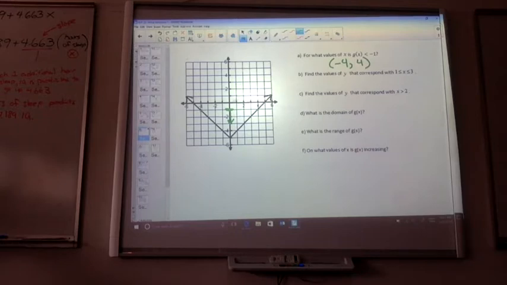Right at those values is exactly that. If we had the equal sign, that would have told us to make square brackets, but it's a less than sign. Find the values of y that correspond between 1 and 3.